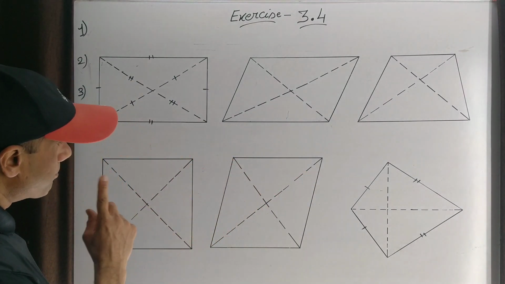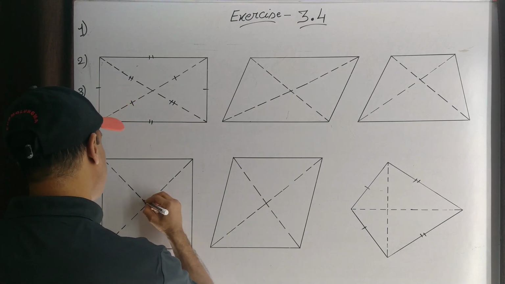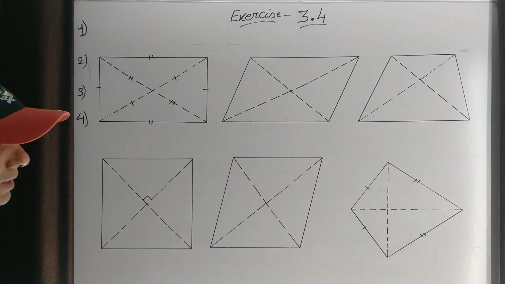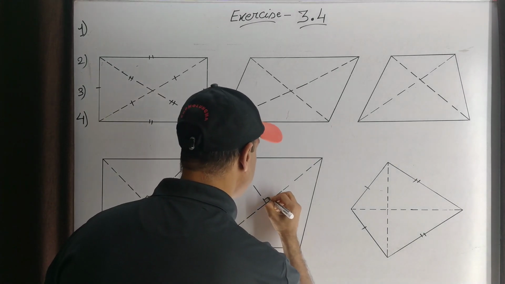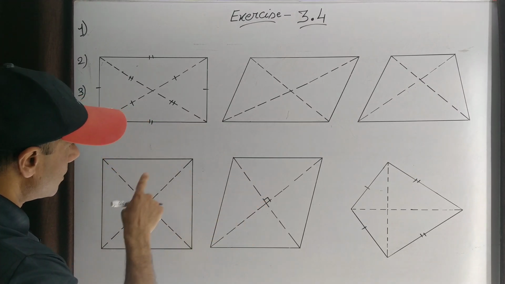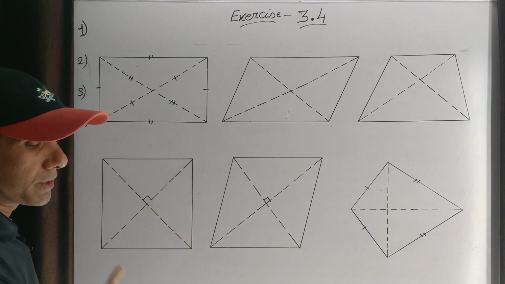Diagonals are perpendicular bisectors. That is, out of these, in a square, the 2 diagonals are perpendicular to each other. And same is true in case of a rhombus. In a square and a rhombus, the diagonals bisect each other, that is, divide each other into equal parts, and are also perpendicular to each other.